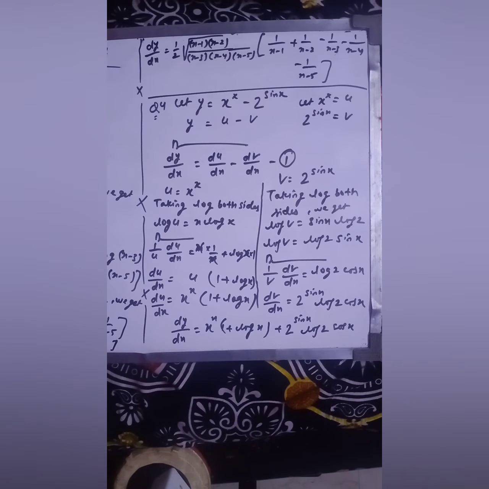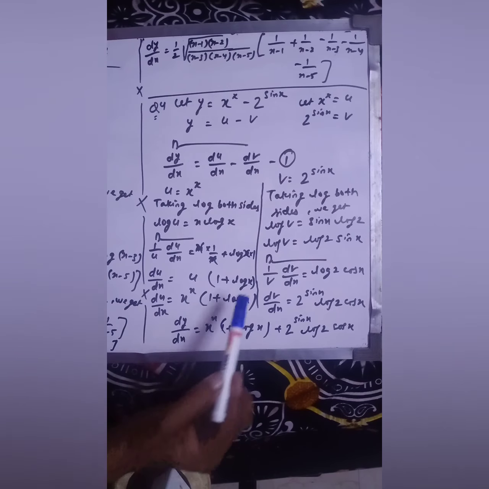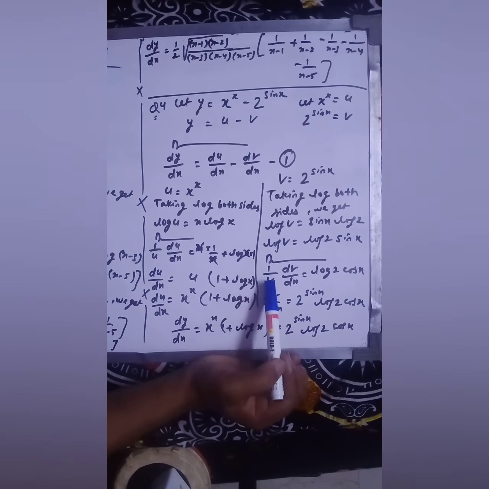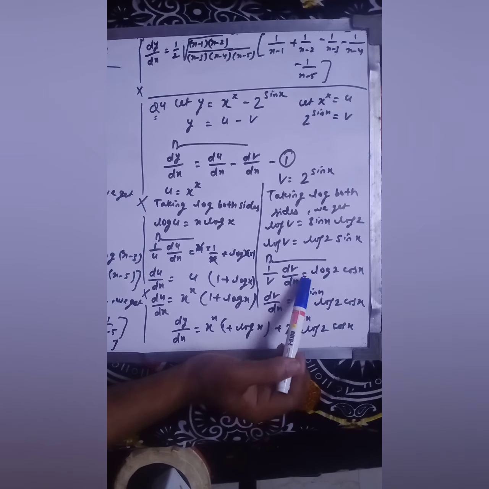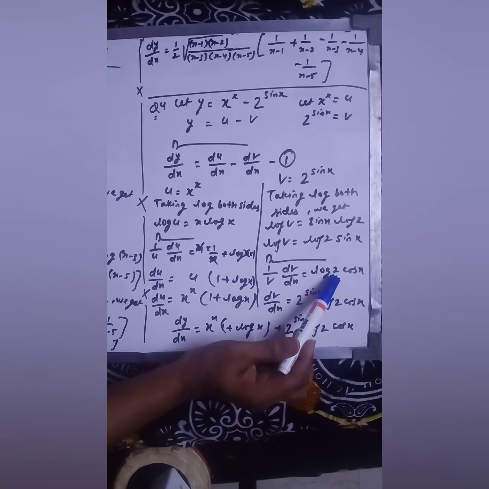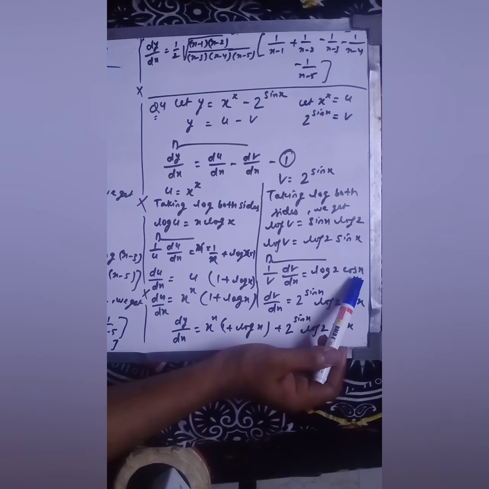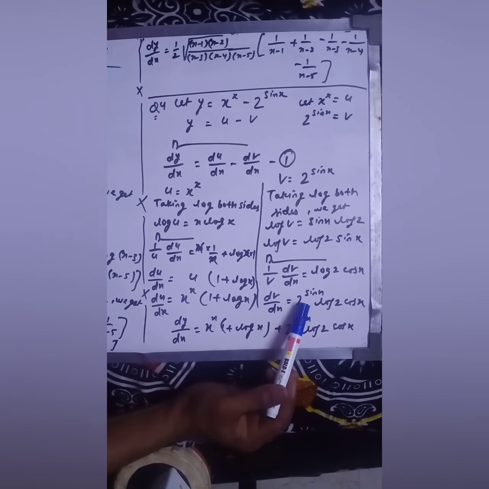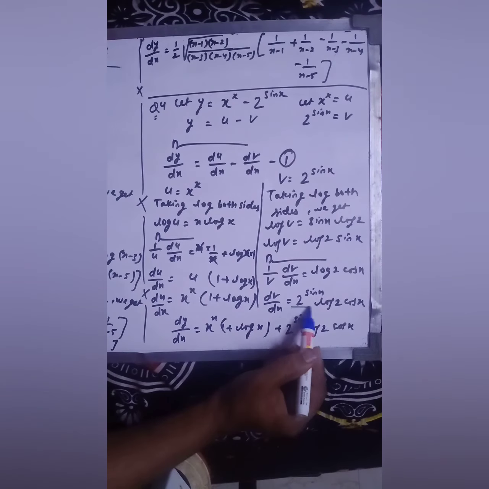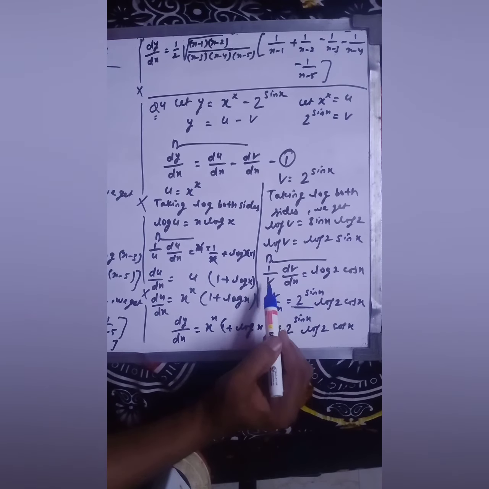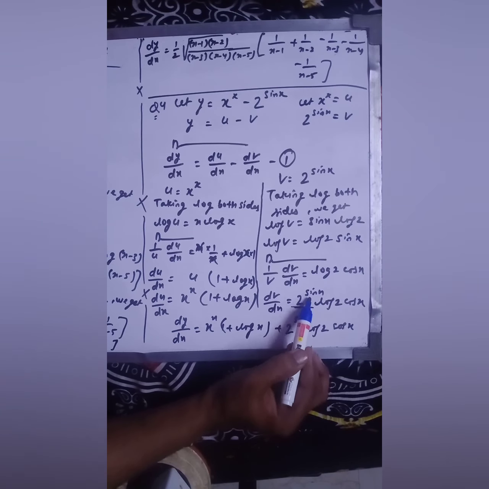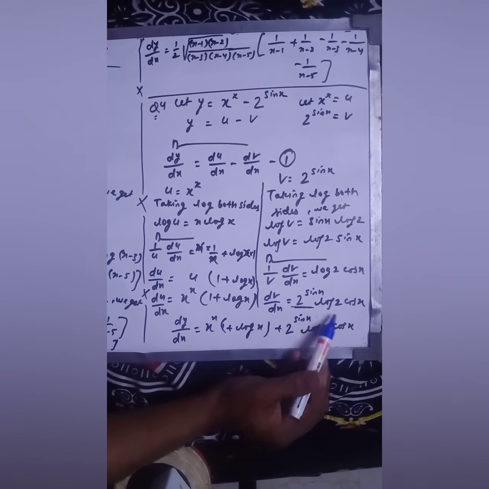Now differentiating both sides again, it will give you 1 by v dv by dx is equal to log 2 remaining the same, and the derivative of sin x will be cos x. Then bring this v to the right side and put the value of v, 2 raised to the power sin x. This is the required value of dv by dx.